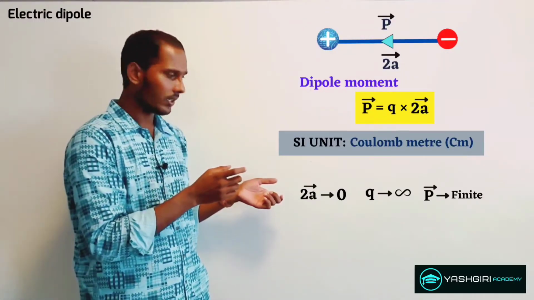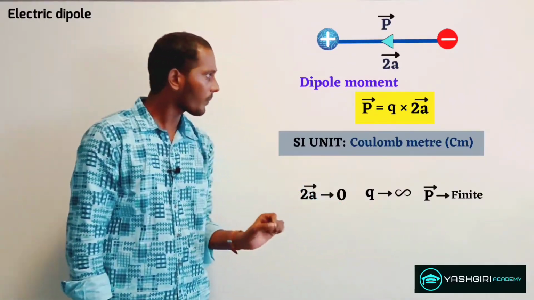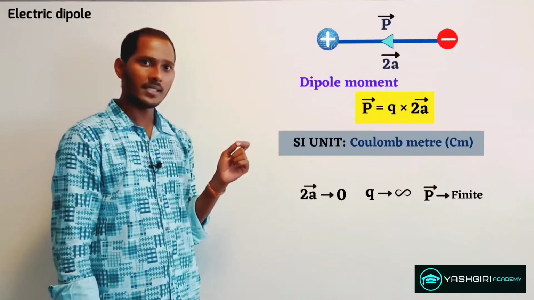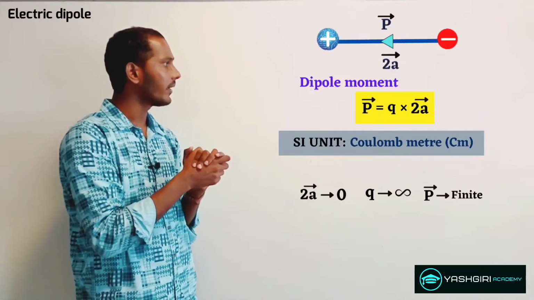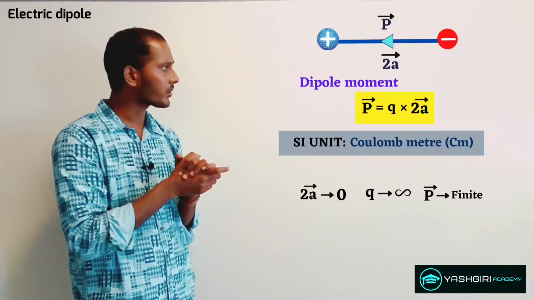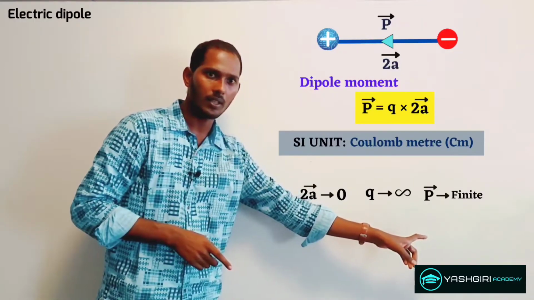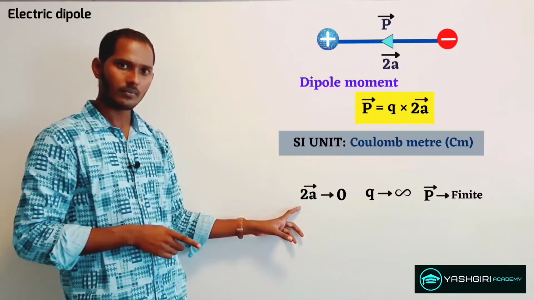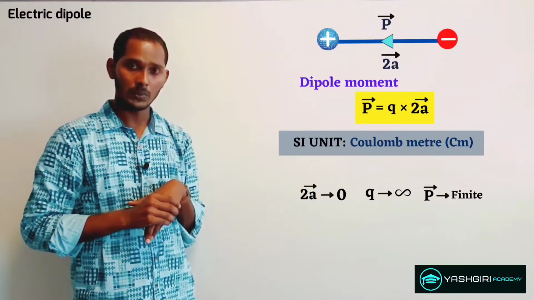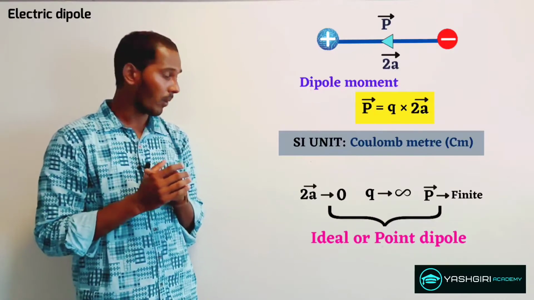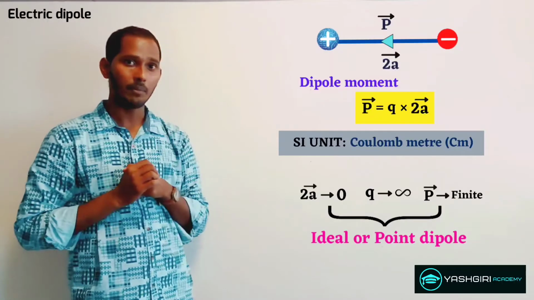So the vector P is again going to be a finite value. What I'm trying to say is that even if you have a very, very small distance of separation, you still get the dipole moment to be a finite quantity. Such a case we call an ideal or point dipole. So that is about the electric dipole.